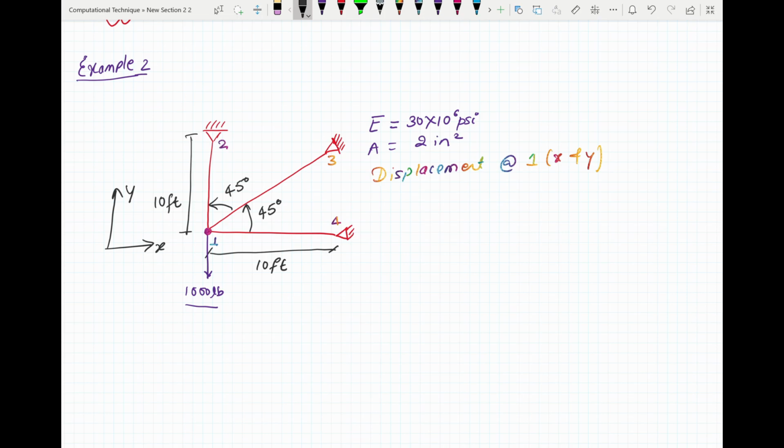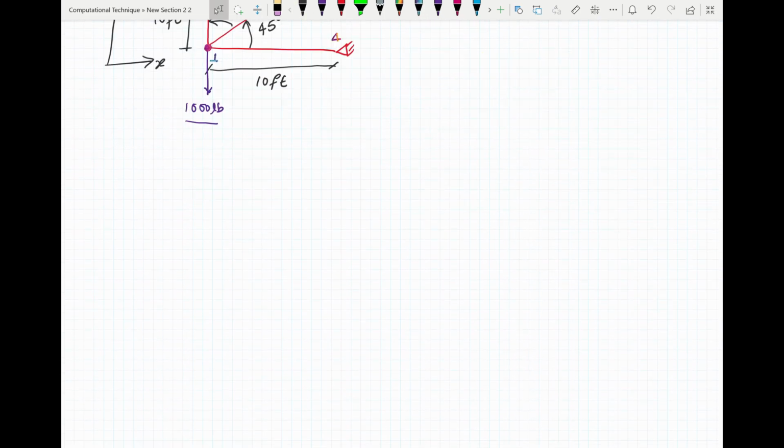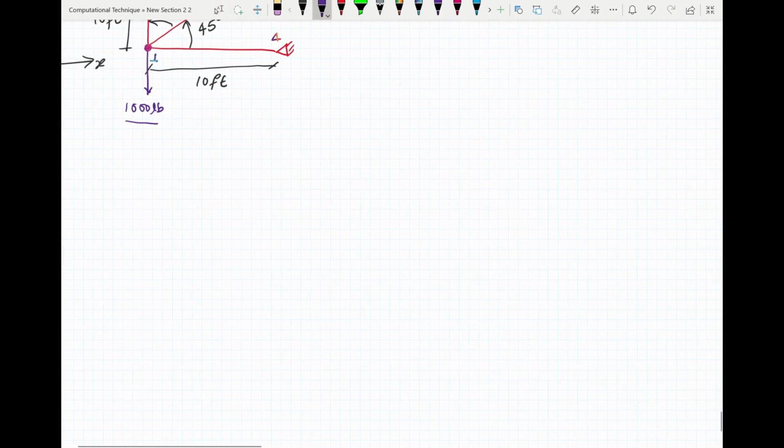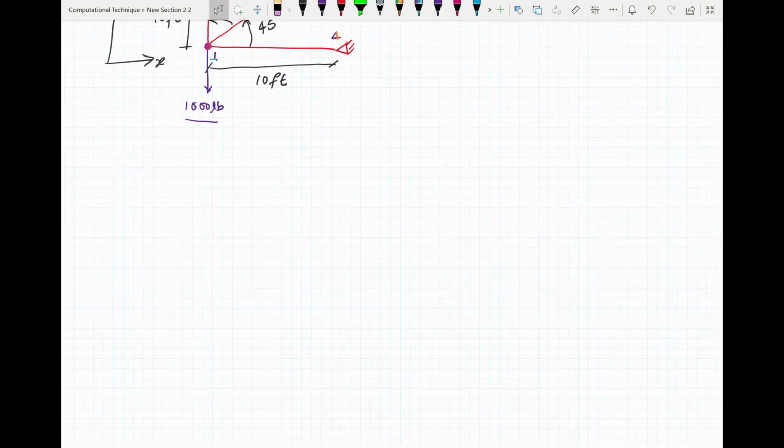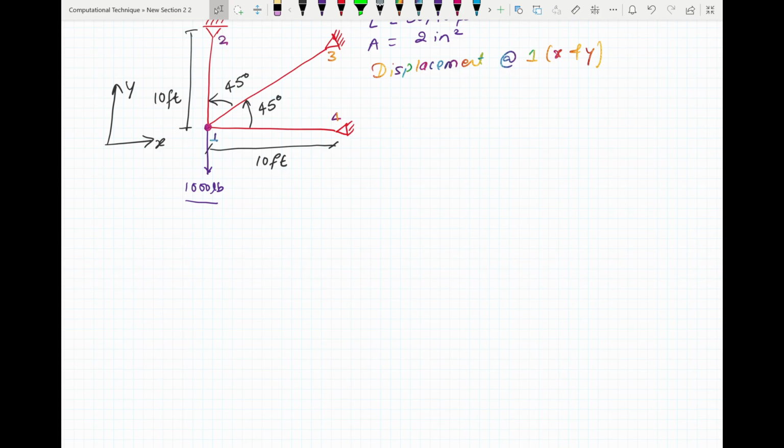So first, in the procedure, we have to find our angles for each of the elements. So we can name our elements: let this one be element number 1, this one be element number 2, and this one be element number 3.